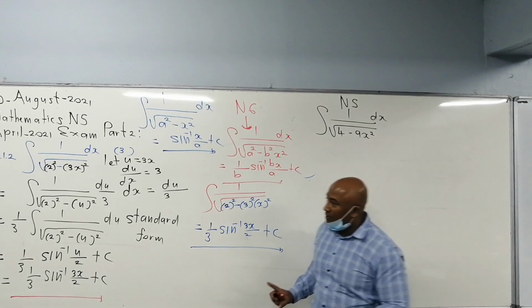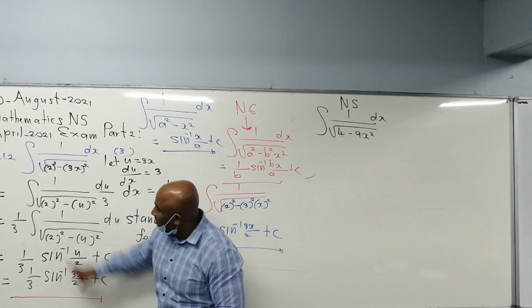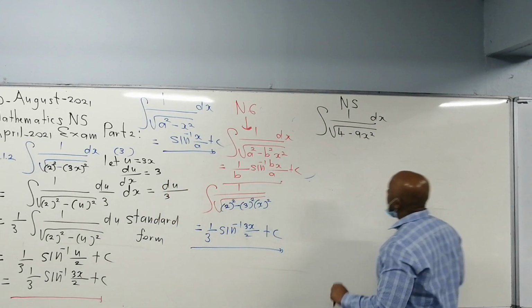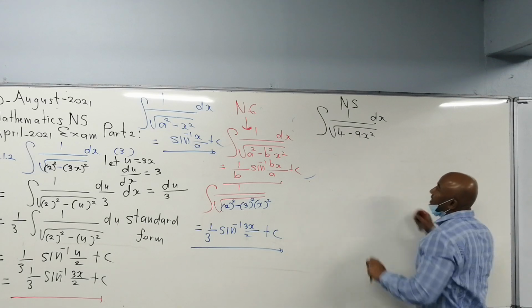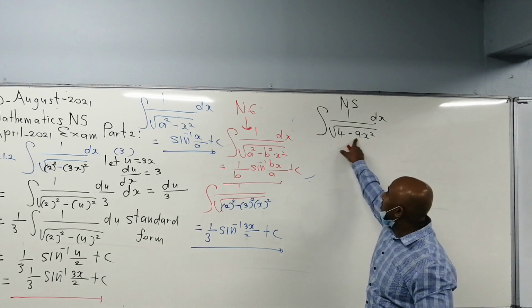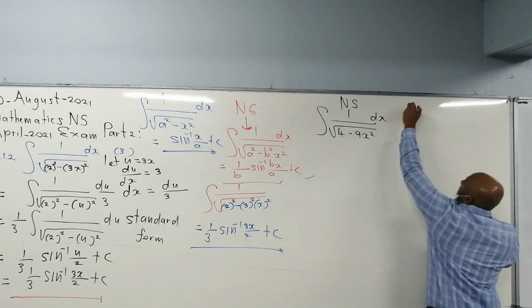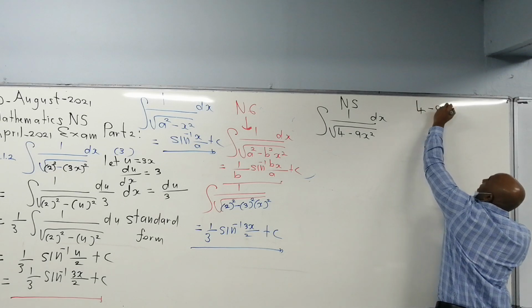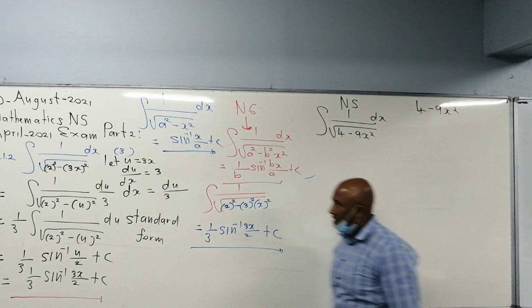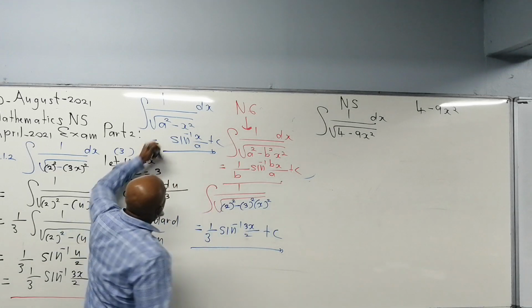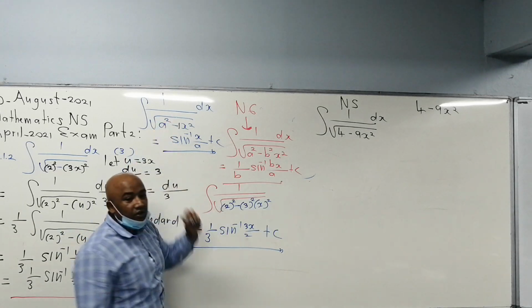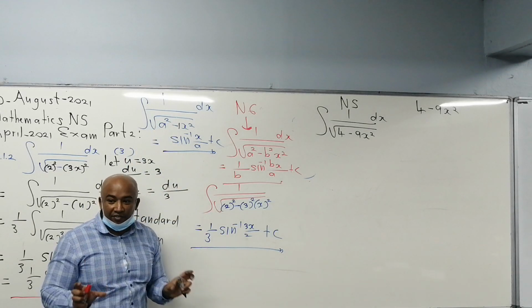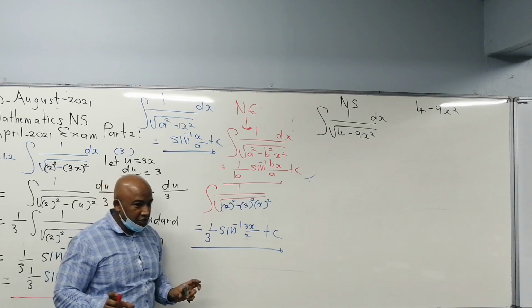Okay, now let's go back to our N5 work. So I can try and take out a common factor here. What do I mean? I have 4 minus 9x squared. The coefficient of x squared is always 1 in your N5 formulas for trig substitution.